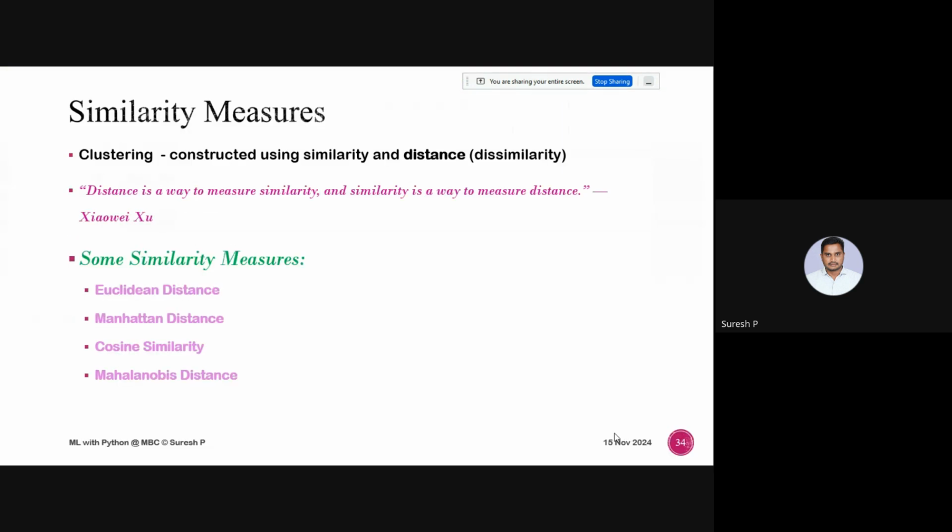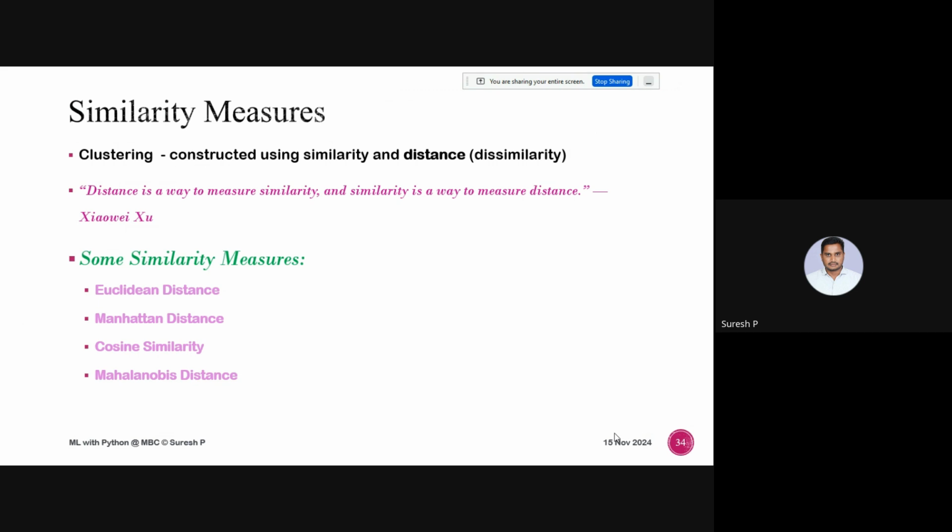In clustering, whenever we have two data points, for example person 1 and person 2, where a data point means a set of attributes, we want to know whether the two data points are closely related or not closely related with each other. To identify that, we have to use some measures. Those measures are referred to as similarity measures.